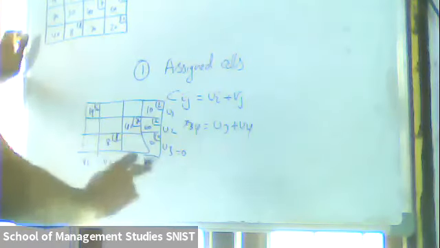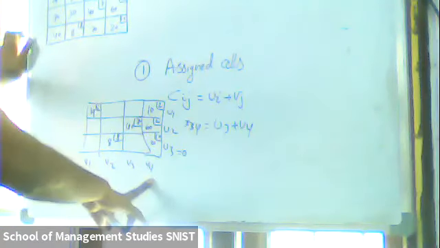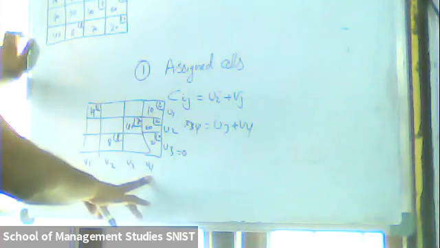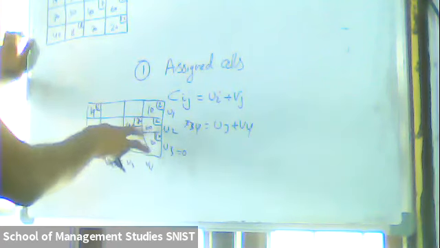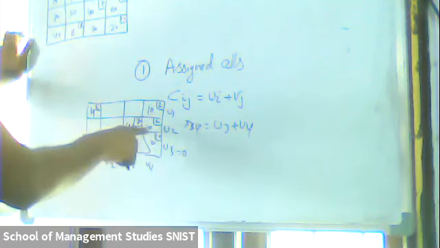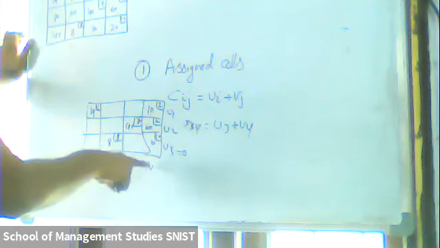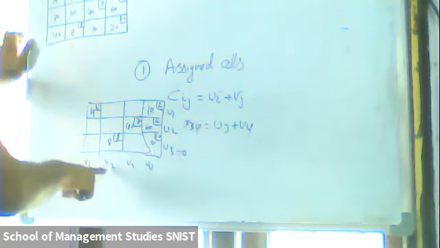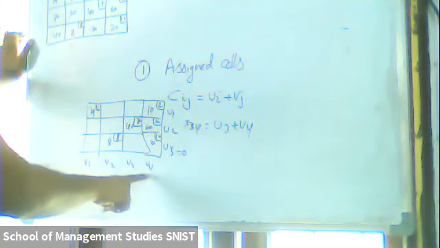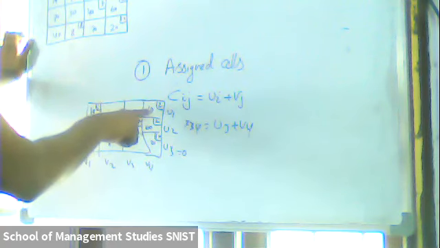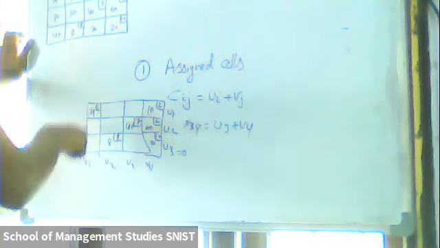By doing that, we are going to get V4. Now if you get V4, then you can find this also, it is X24. Then if you get this, then since we already calculated U3, you can get V2. Then we will calculate this, and when you calculate this, then we can calculate this.